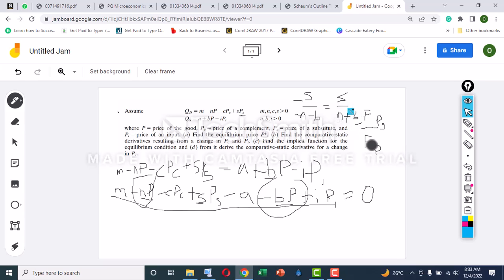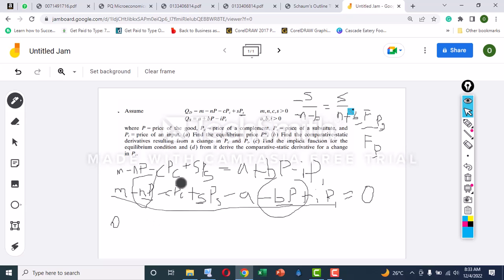So now let's differentiate implicitly and see if we are getting the same thing. Now differentiate m. Remember, when you are differentiating implicitly, you are focusing on ps and p. We are differentiating with respect to ps, but you are focusing on those two, so the others will be seen as constant. So this m is constant, it will be 0.